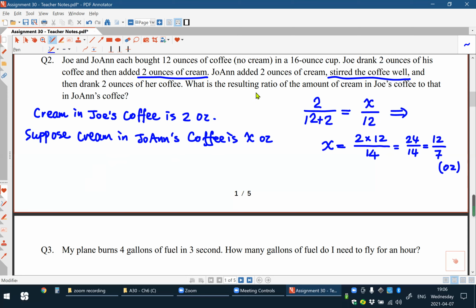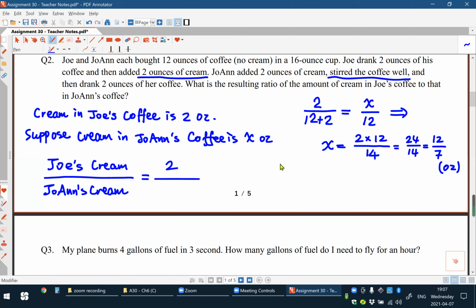And the question asks the ratio of the amount of cream in Joe's coffee. So we want to find the ratio between Joe's cream and Joanne's cream. Right? Joe's cream is 2 ounces.